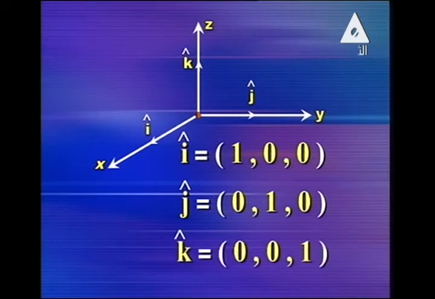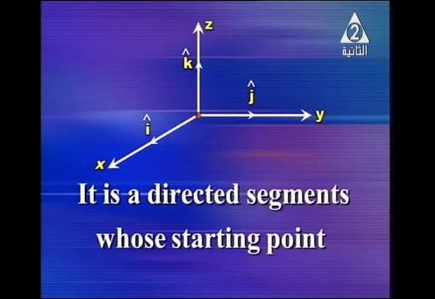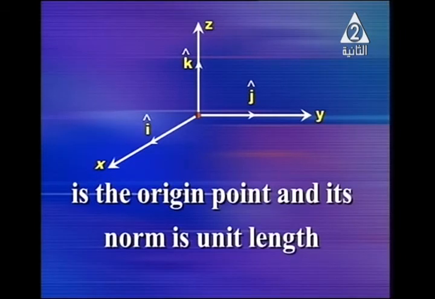Also k vector equals (0, 0, 1), its norm is 1, a unit vector in the direction OZ. Fundamental, it is a directed segment whose starting point is the origin point and its norm is unit length.